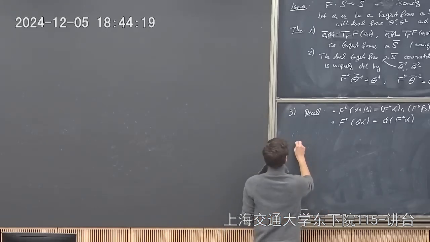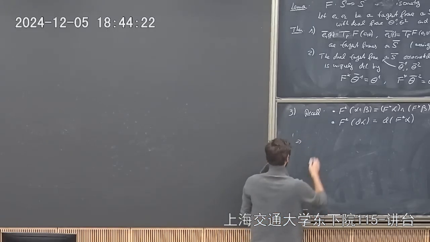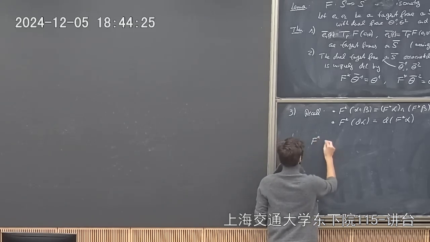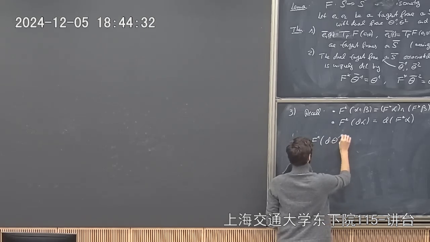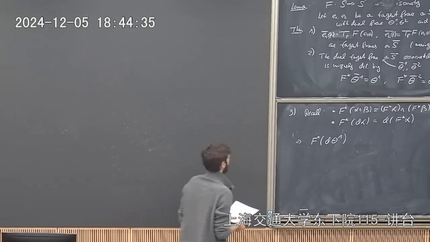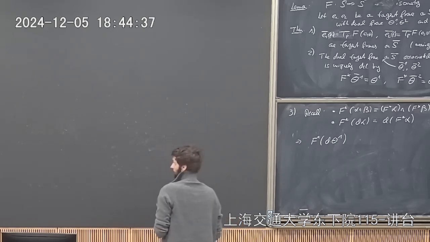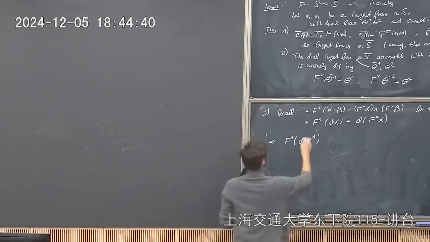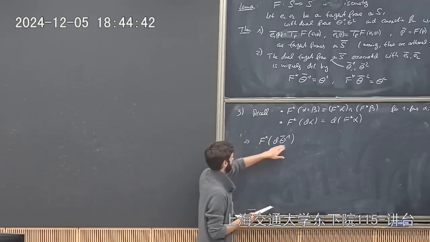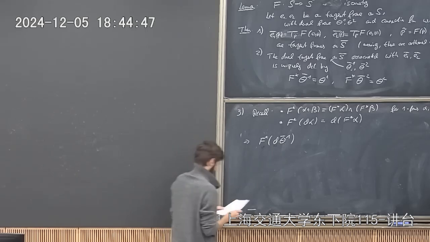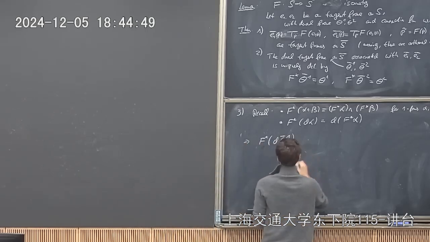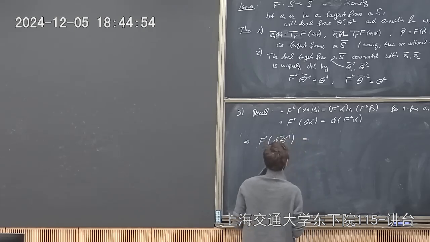And using these equations, we can now calculate what happens to the d theta 1 bar. So we take theta 1, apply the d to that, and then the pullback. So let's calculate that in two different ways.